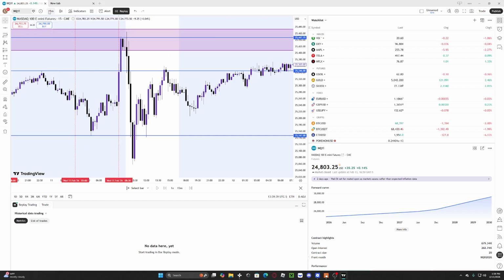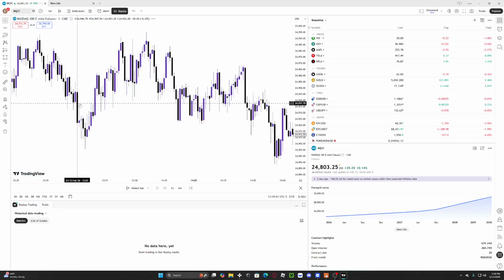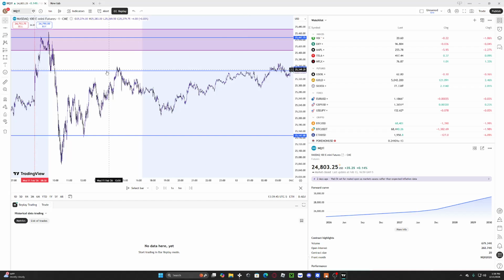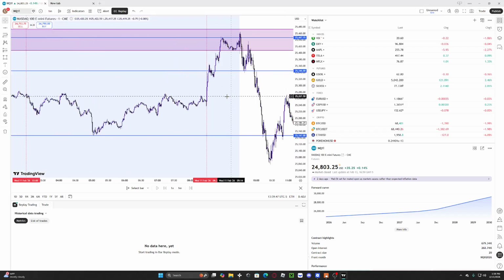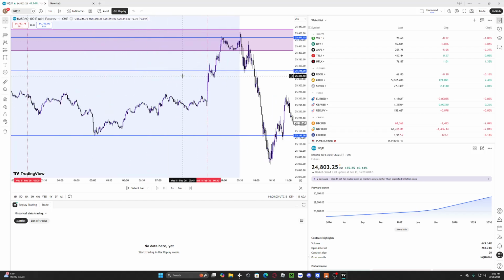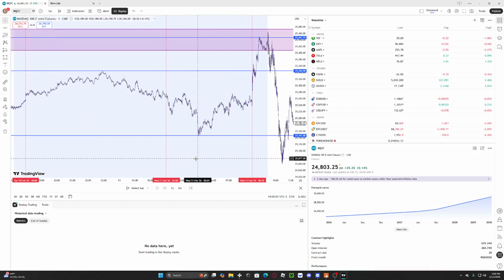And yeah, so I would enter off of this break right here, off of this candle close. For this, I would probably just put my stops here instead of all the way up here. And then I would target the session low.